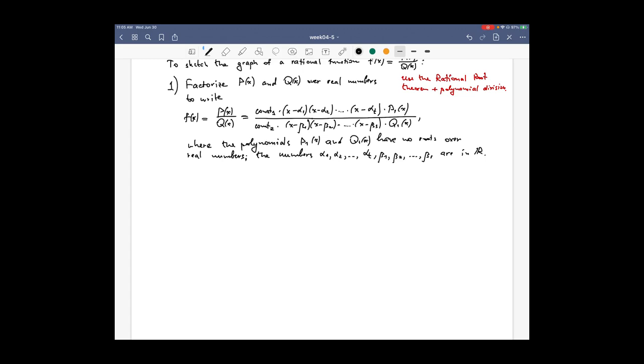The second step: identify vertical asymptotes and points of removable discontinuity.